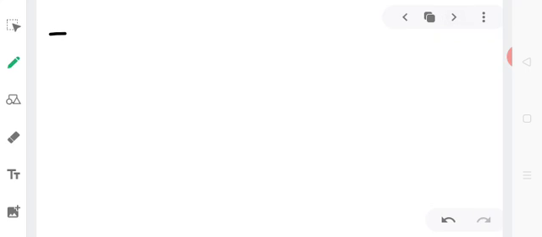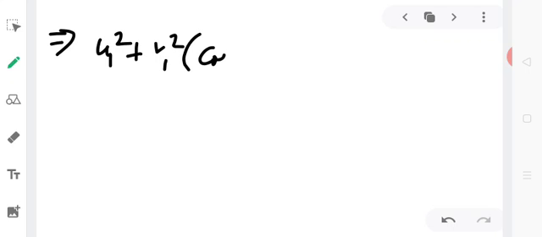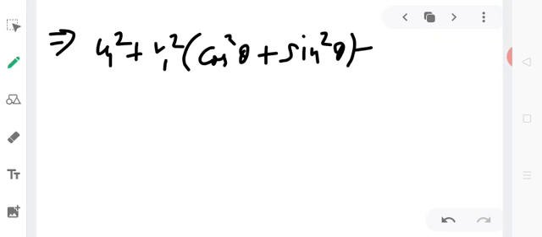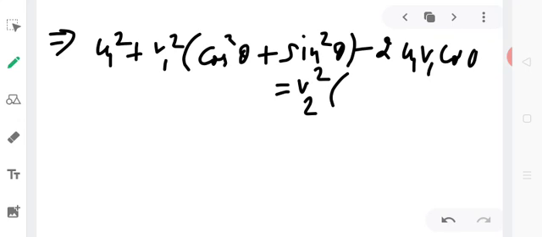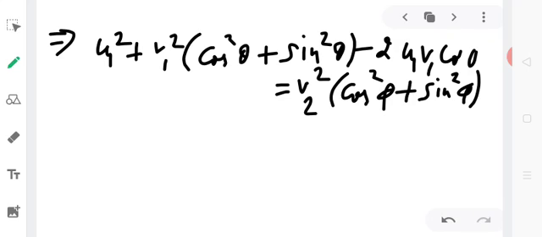So we can write down u1 square plus v1 square, taking common cos square theta plus sin square theta, minus 2 u1 v1 cos of theta equal to v2 square, and again we can take out as common cos square phi plus sin square phi.